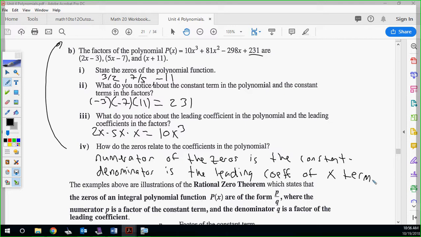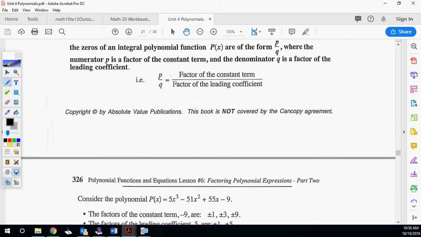The examples above illustrate the rational zero theorem, which states that the zeros of an integral polynomial function p of x are in the form p over q, where the numerator p is a factor of the constant term, and the denominator q is a factor of the leading coefficient. So this is what you want to have down.